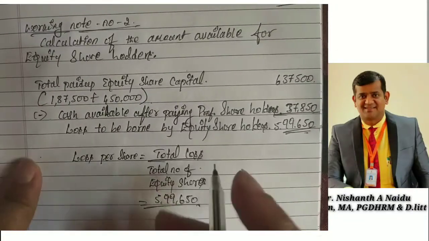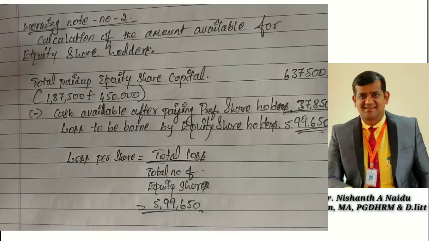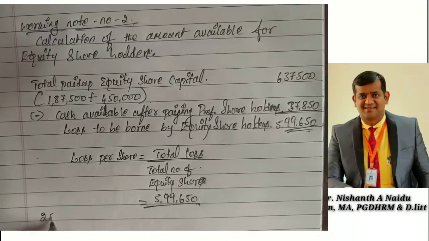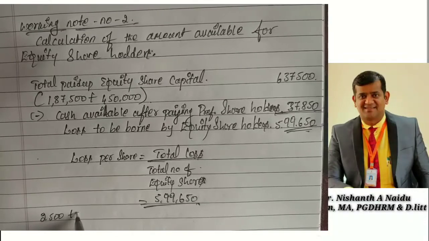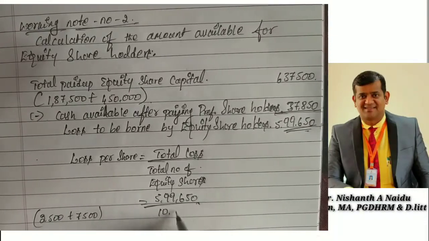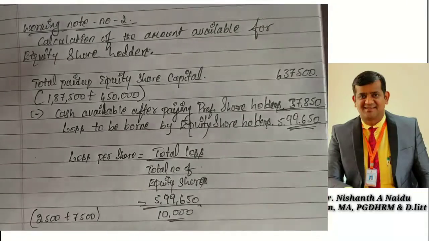Read out the problem: 2,500 equity shares of rupees 100 each, paid 75, and 7,500 equity shares of rupees 100 each, paid 60. So total number of shares is 2,500 plus 7,500, which is 10,000 shares.